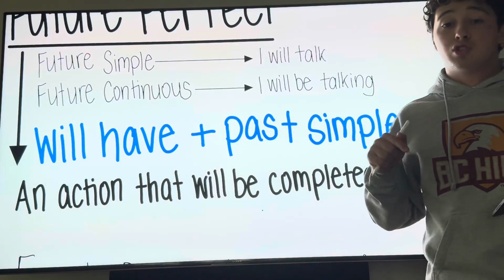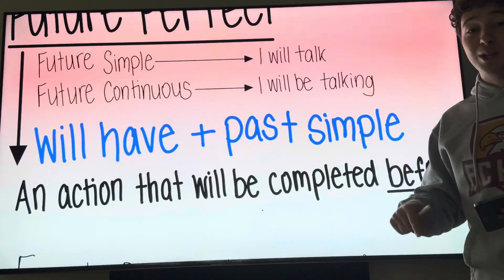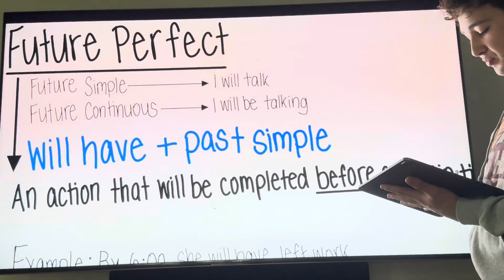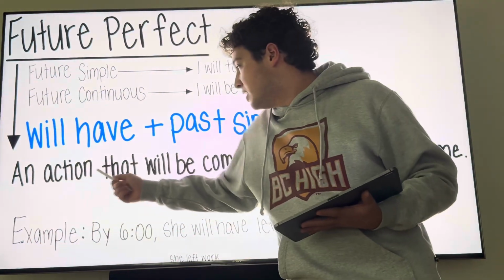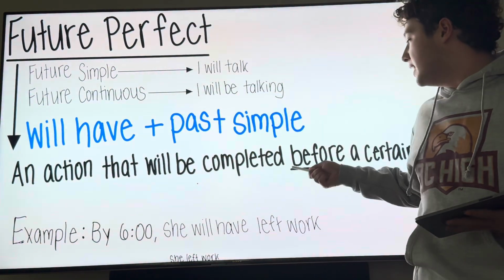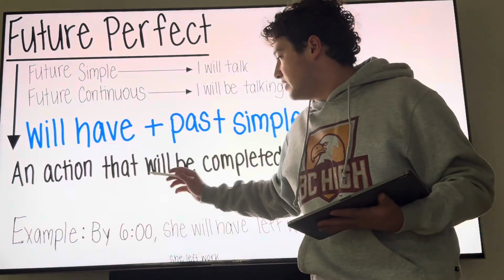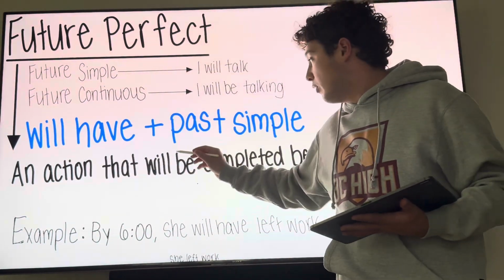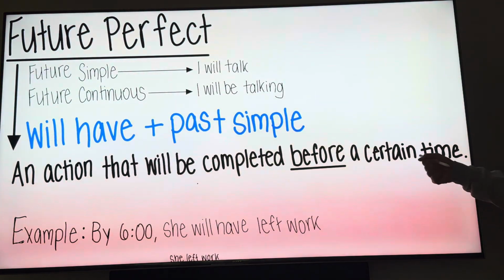So I would truly suggest memorizing that. Link in the description below. Please see that Quizlet. And the future perfect is used for an action that will be completed before a certain time.